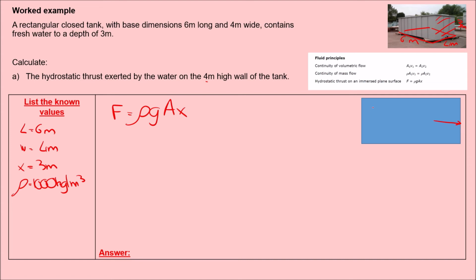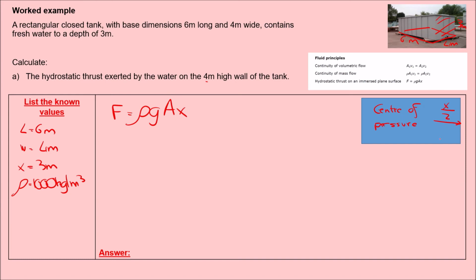When we're talking about fluids acting on the side of objects, so a vertical side, it's calculated separately by finding something called the centre of pressure. For the sake of this argument, we're going to use the centre of pressure as x divided by 2.